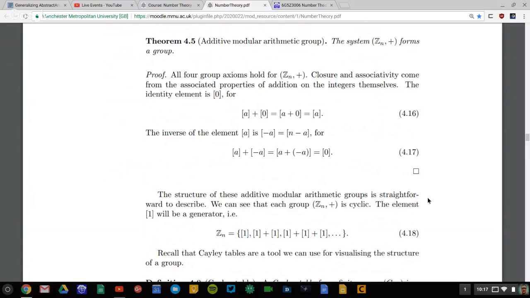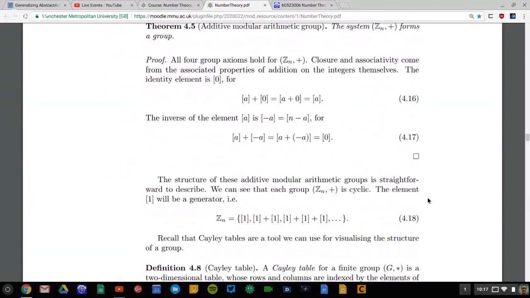Associativity follows from the associativity of the operation of addition on the integers, from which the addition of congruence classes comes. Okay, so the integers modulo n under the operation of addition does form a group.